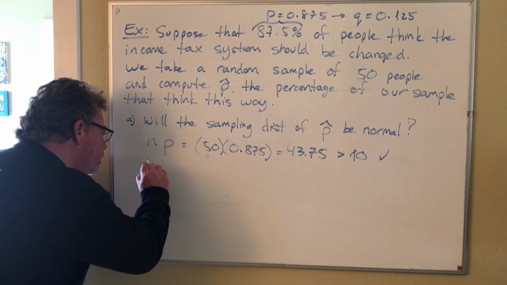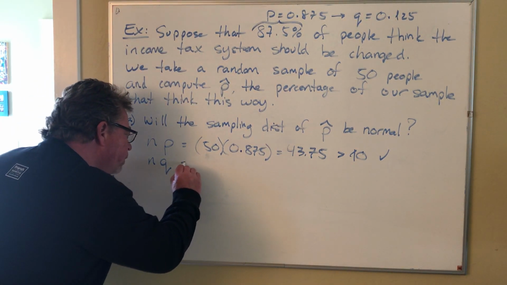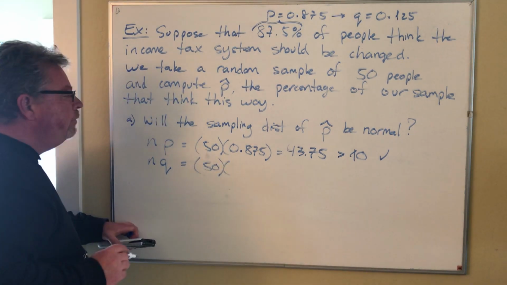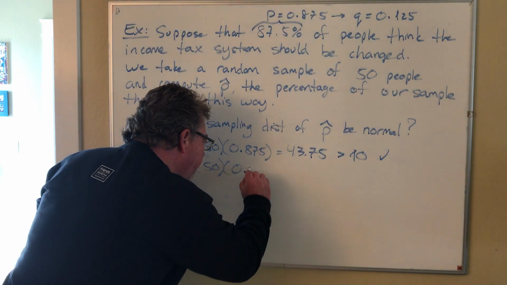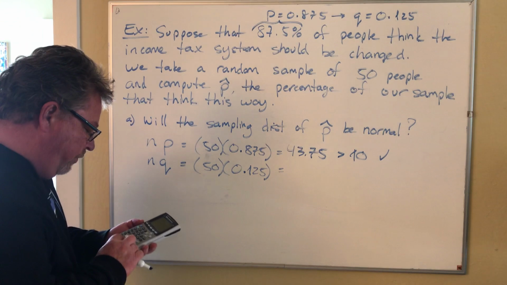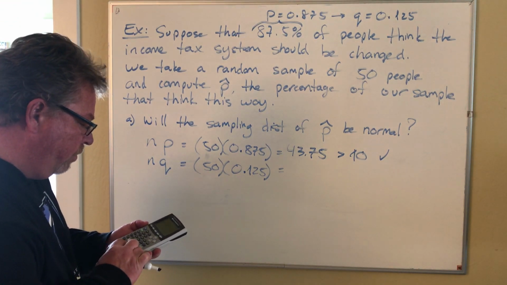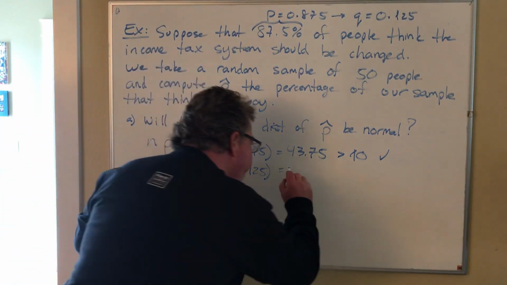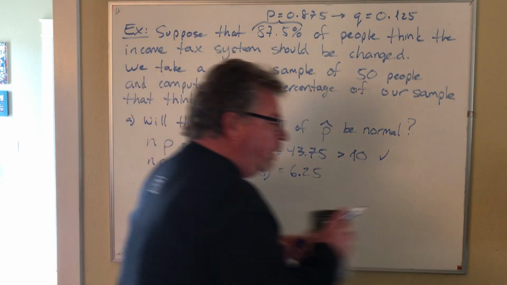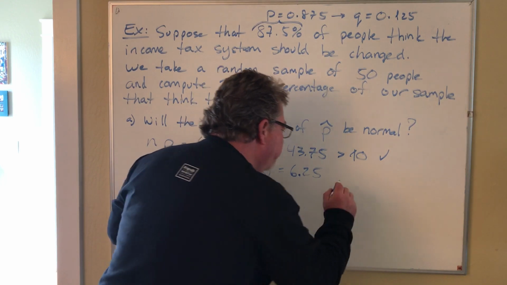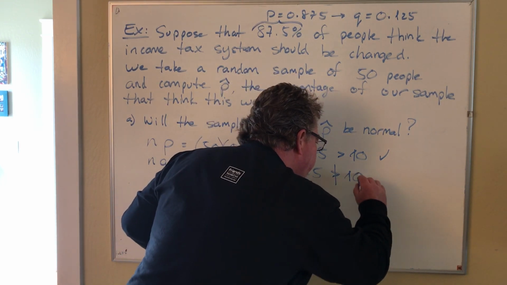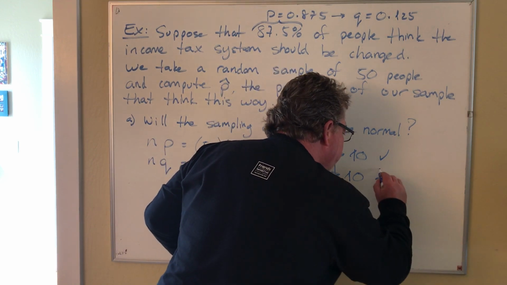We also have to check that N times Q, which is 50 times 0.125, that comes out to be 6.25. And that is not, so I'm going to use this symbol, greater than 10. So that says we got a problem here.